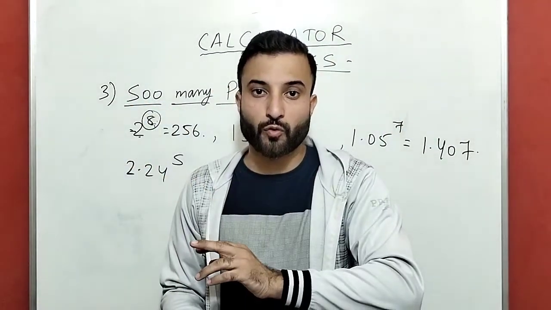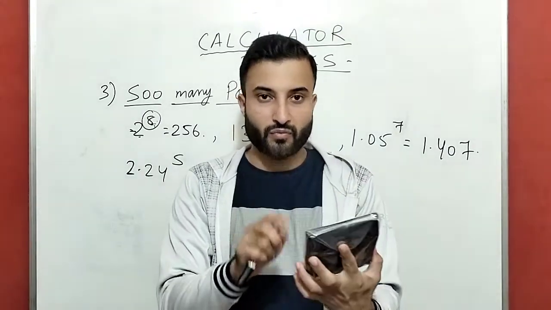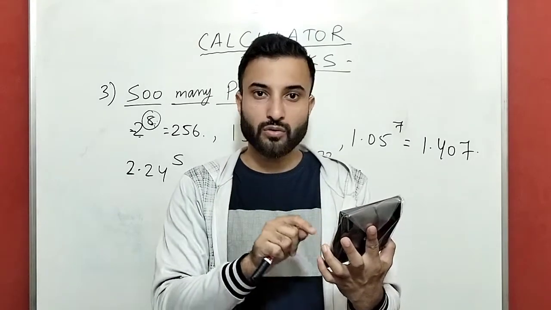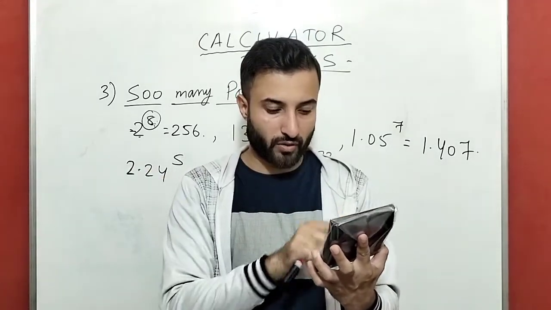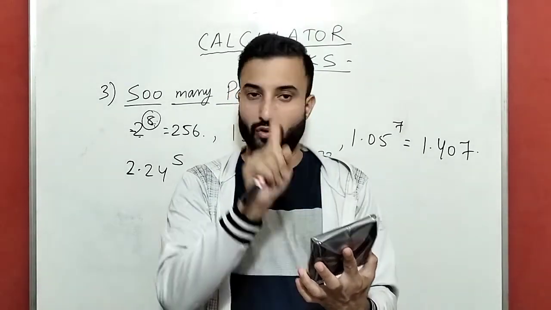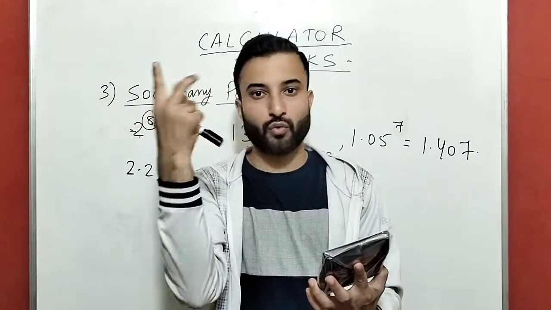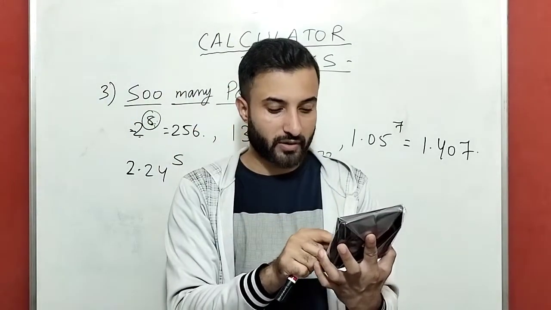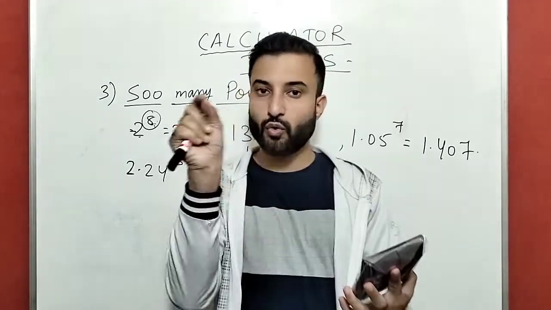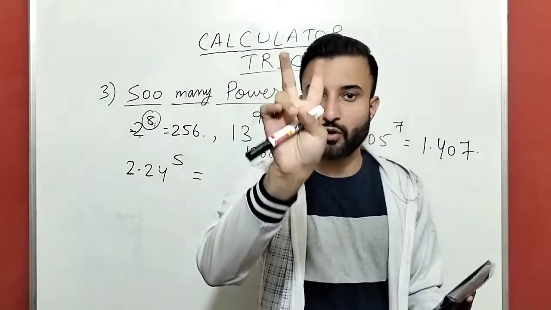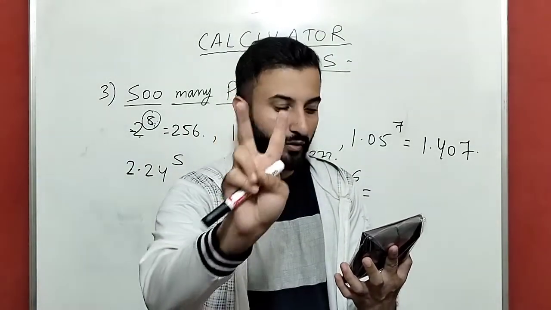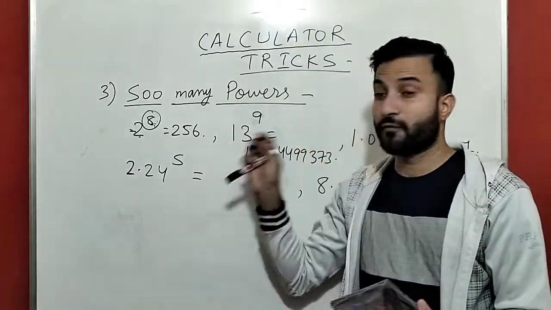How many 2.24 did we take? 2. After that we press equal. For the 2 times, the value you will get is 5.0176. We have to find for 5 times.